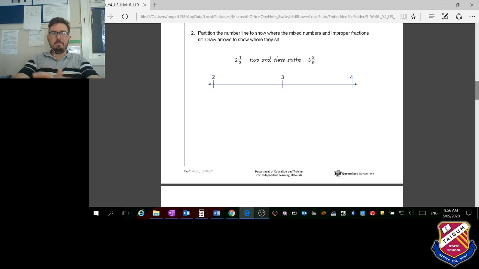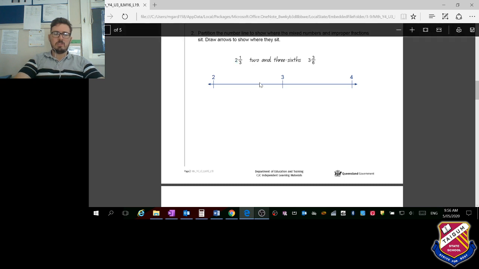Next one: partition the number line to show where these mixed numbers and improper fractions sit. Draw arrows to show where they sit. If you look at the first one, it says 2 and 1/3. So there's 2.